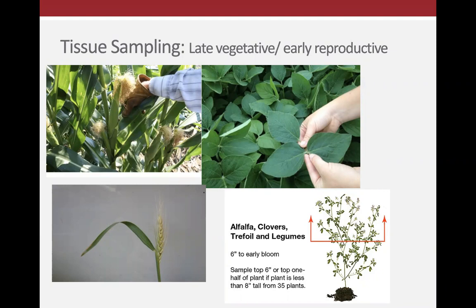And then for forage crops, it would be, for example, sampling 6 inches above ground, and then taking that whole biomass and submitting it for analysis right around, say, early bloom or right before bloom for a lot of these clovers and forages. Okay.